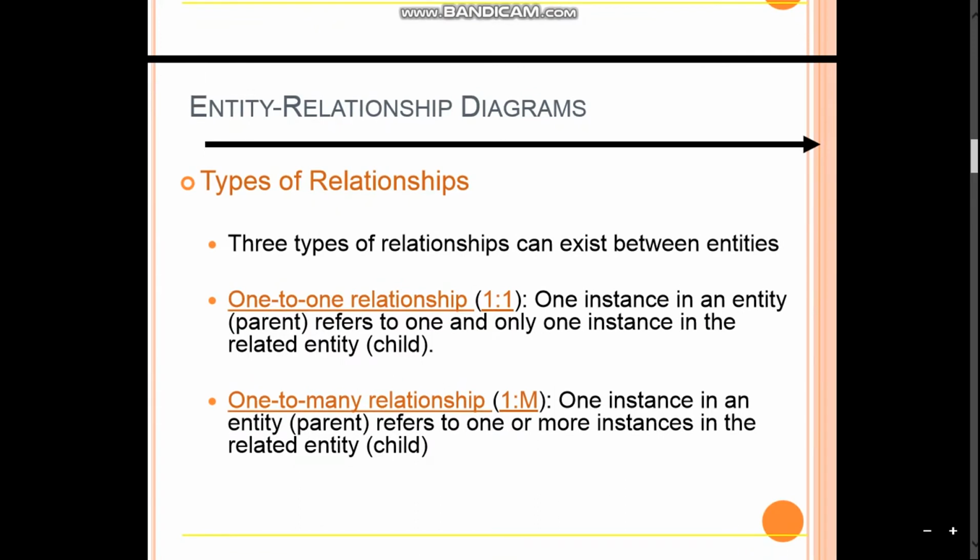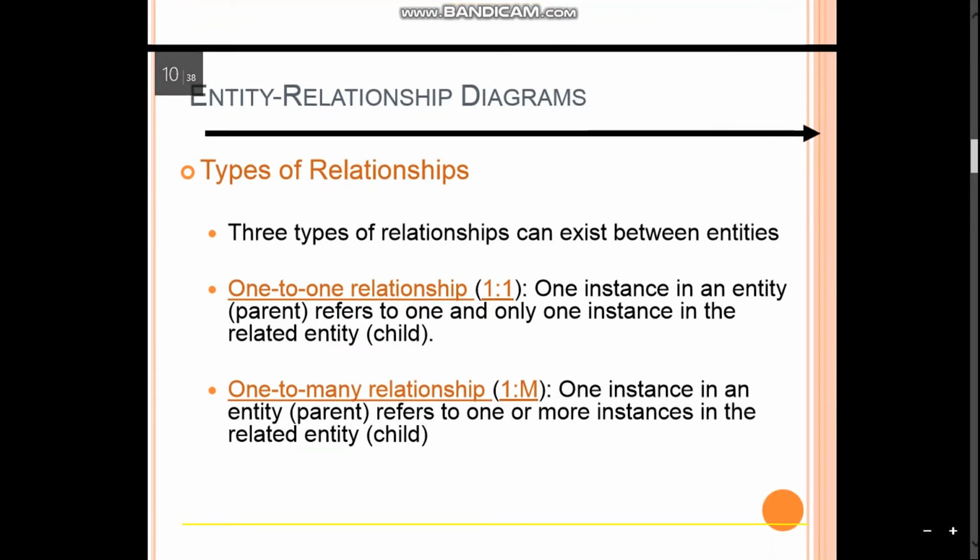Okay, now types of relationships. We have three types of relationship between the entities: one-to-one relationship, one-to-many relationship, and many-to-many relationship. One-to-one relationship means that one instance in an entity directly refers to one and only one instance in the related entity or a child entity.